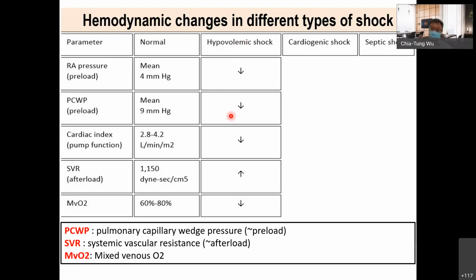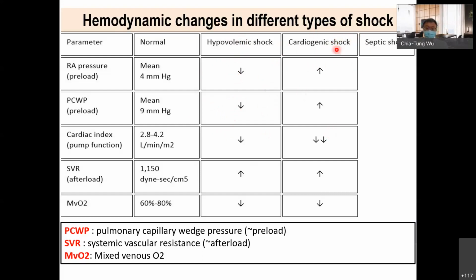It's the easiest management of this kind of shock. We give the patient blood transfusion, give lactated Ringer's or normal saline, and stop the bleeding, and the patient will recover. Then the second one is cardiogenic shock. The cause of cardiogenic shock is failure of the left ventricle. So the cardiac index decreases a lot.